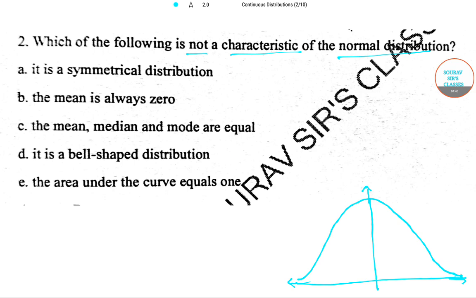As we can see, this graph is symmetrical. So option A, it is a symmetrical distribution. This is true.